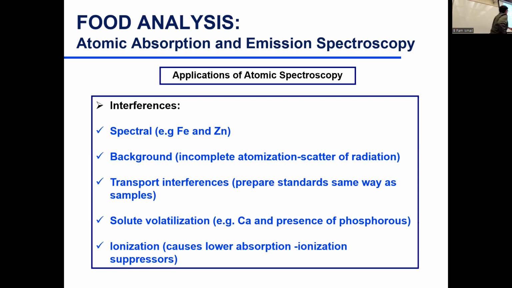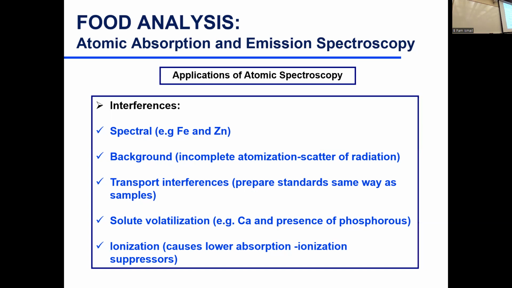You did something for calcium determination to break calcium pyrophosphate. What did you add to your sample? Anybody remembers? It's the lanthanum. The lanthanum chloride. Very good. The lanthanum chloride replaces calcium and interacts with the phosphorus.